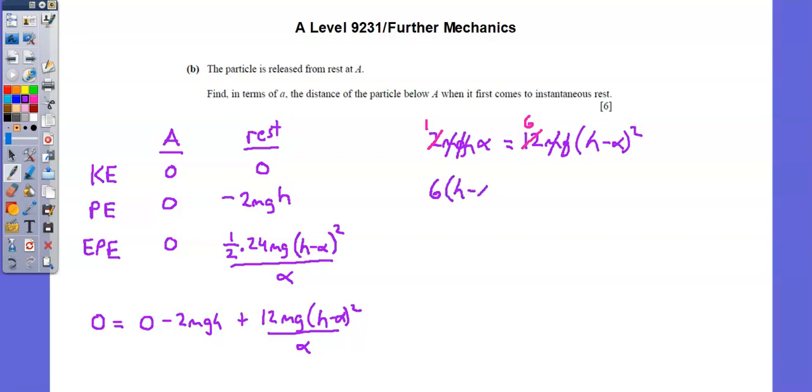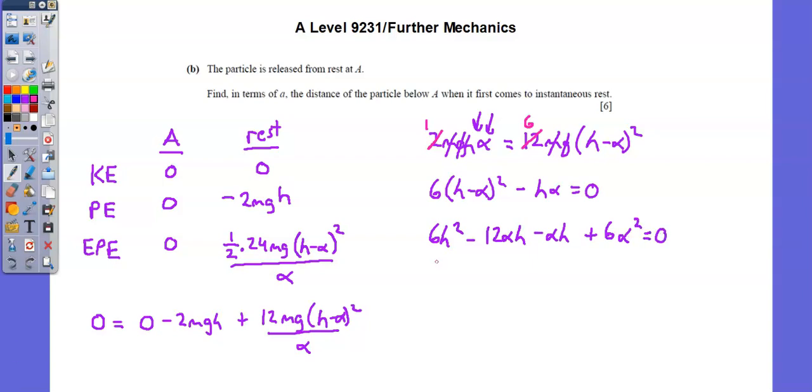6 times h minus alpha squared, minus that term on the left, which simplifies to h alpha, equals 0. From here I expand to 4 terms: 6h squared minus 12 alpha h minus alpha h plus 6 alpha squared equals 0. To find my value for h, I'll use the quadratic formula.